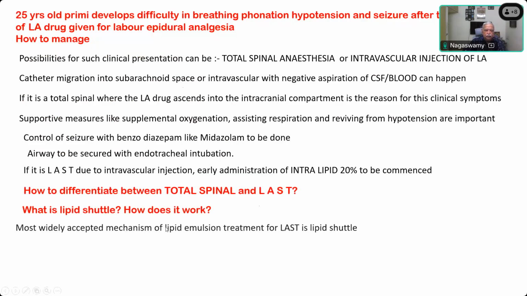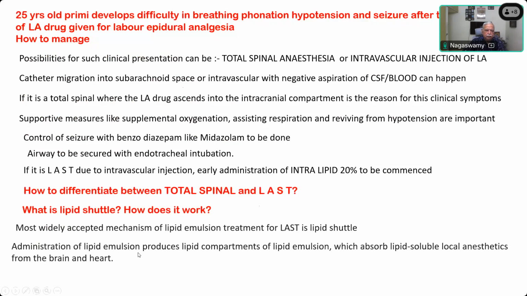The most widely accepted mechanism of lipid emulsion for treatment is called lipid shuttle. Administered lipid emulsion produces lipid compartments, which absorb lipid-soluble local anesthetic agents from the brain and the heart because of the increased amount of lipid present in the vascular system. By gradient, it removes the bupivacaine attached to the lipid molecules in the brain and the heart.